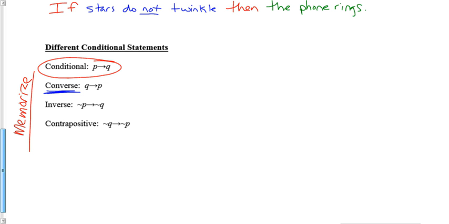Well, I switched them. So for the converse, you're going to switch your hypothesis and conclusion. We switched our P and our Q, which means you switch the hypothesis and the conclusion.